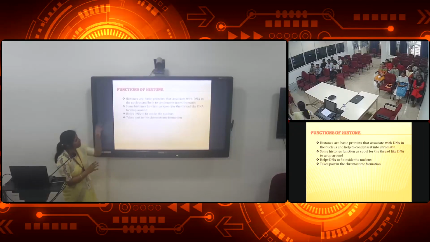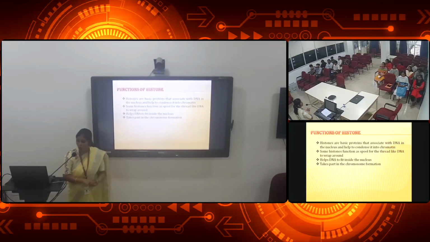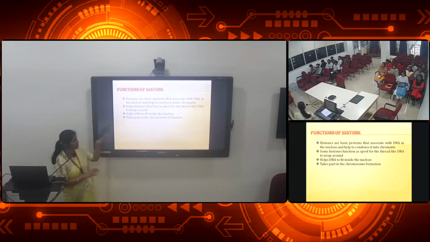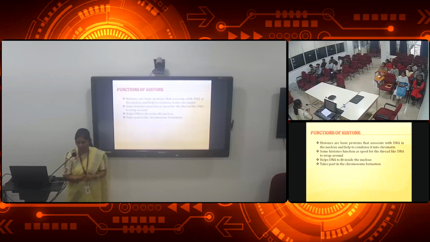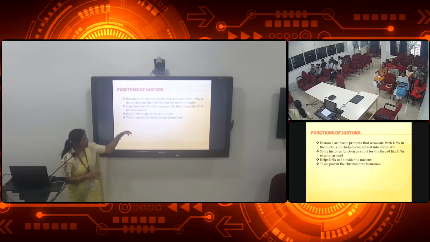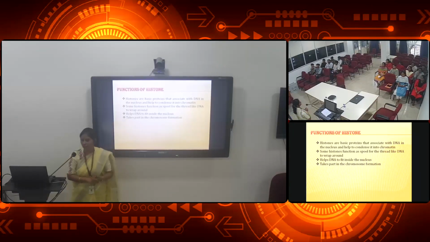Another function of histone protein is that it takes place in chromosome formation. The histone proteins take part in the chromosome formation. Another important function is that histone helps the DNA fit inside the nucleus.